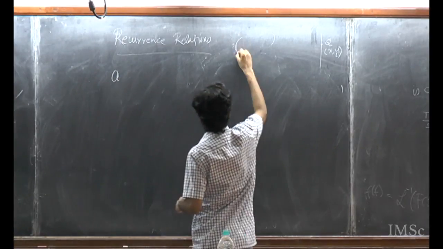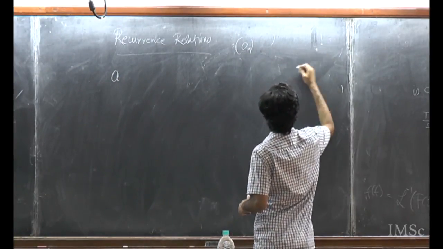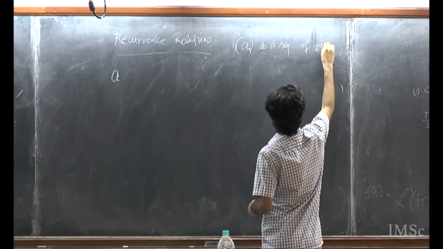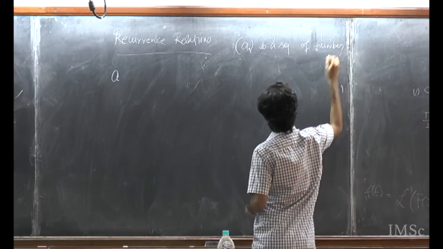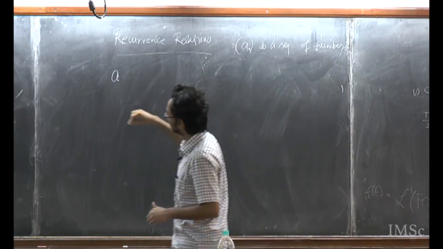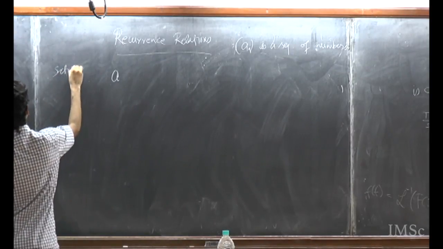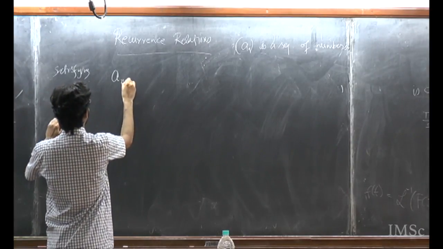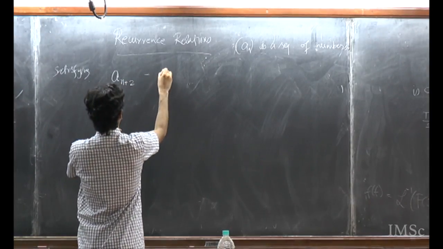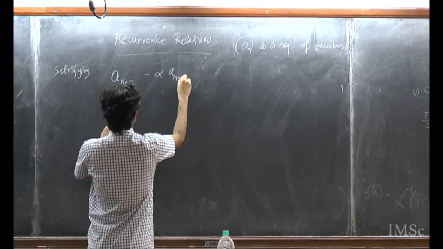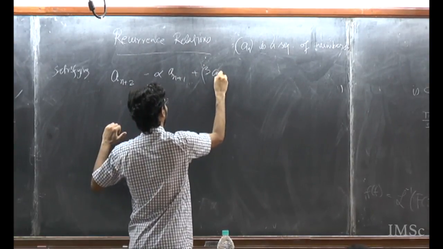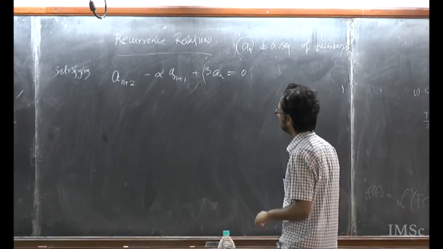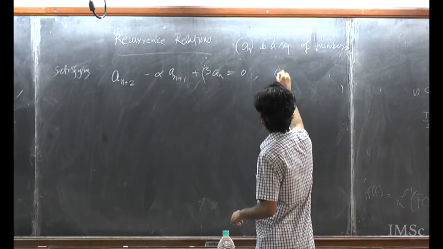Suppose that a_n is a sequence of numbers that satisfy some equation like this, where alpha and beta are constants, with some initial conditions.